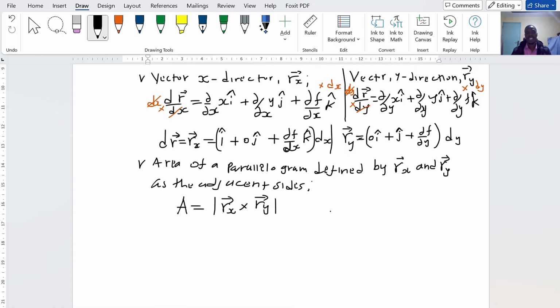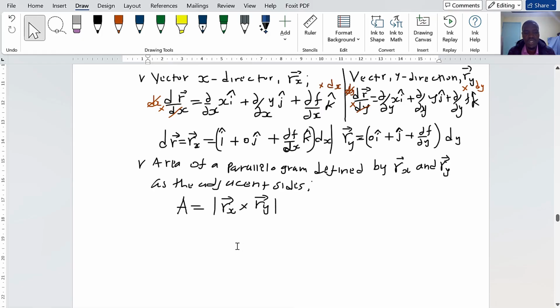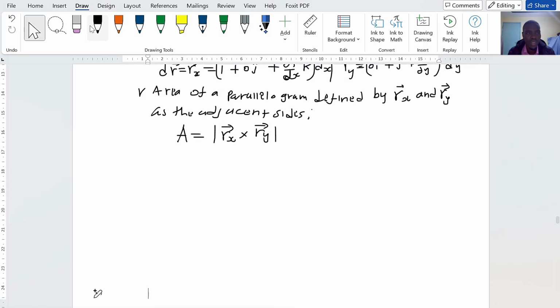We did that with some examples, I don't know, in revision 1 or revision 2. The area of the parallelogram defined by the two vectors we have here, Rx and Ry, is simply the magnitude of the cross product of the two vectors. And to get the cross product, we simply need a determinant, the same thing we have been using.